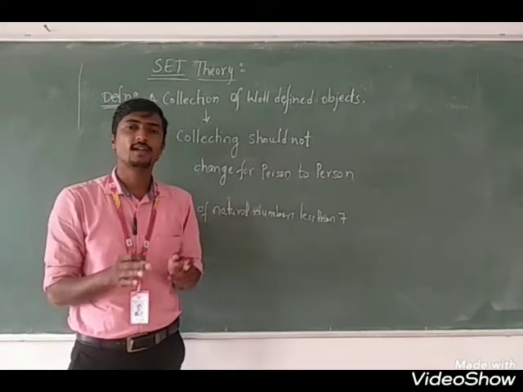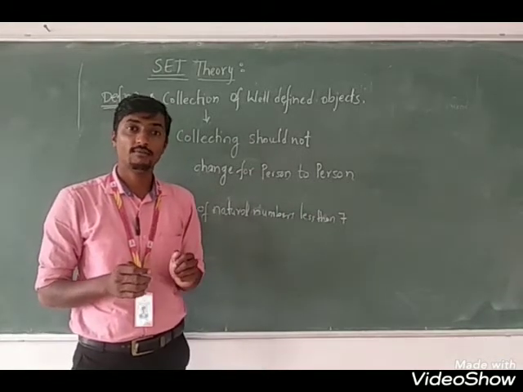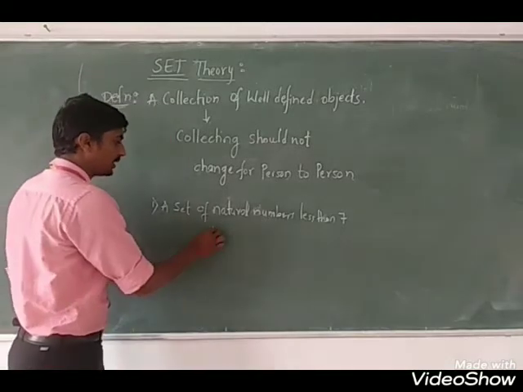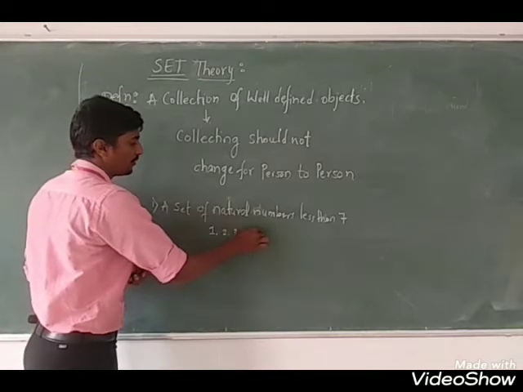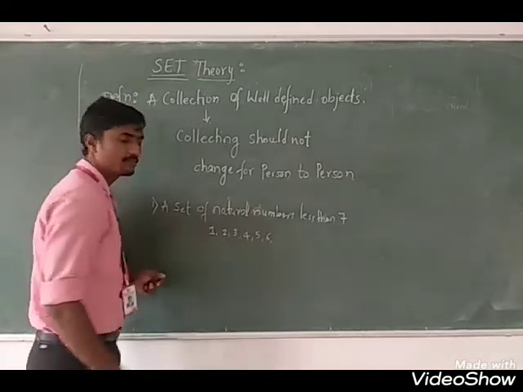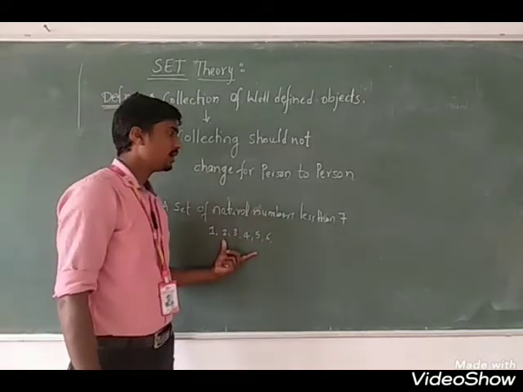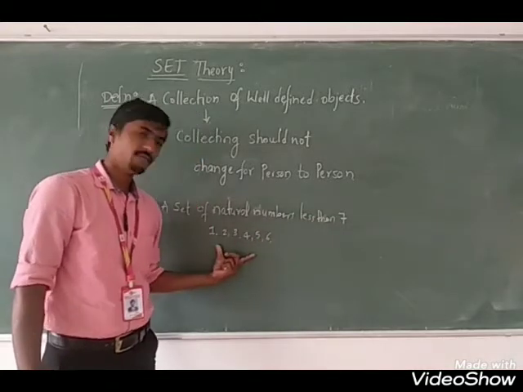Yes, definitely it is possible. How? We can collect 1, 2, 3, 4, 5, 6. These are the natural numbers less than 7.